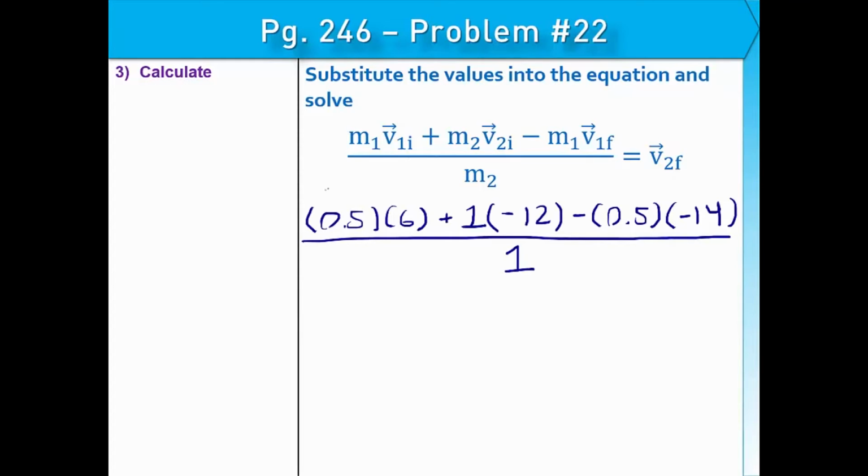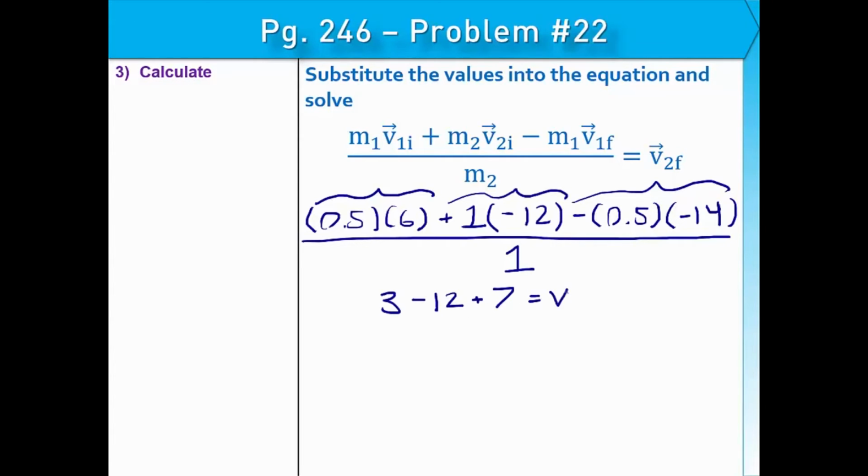And so let's go ahead and simplify this. This term right here, 0.5 times 6, that gives me a plus 3. Plus 1 times negative 12, that gives me a minus 12. And negative 0.5 times negative 14, that gives me a plus 7. And since it's all over 1, I'm going to just keep it as this.